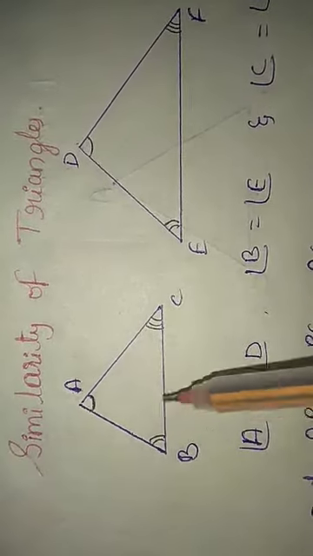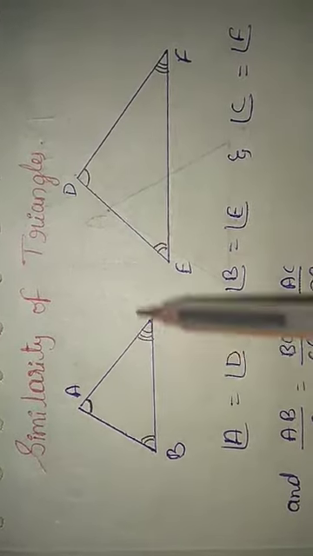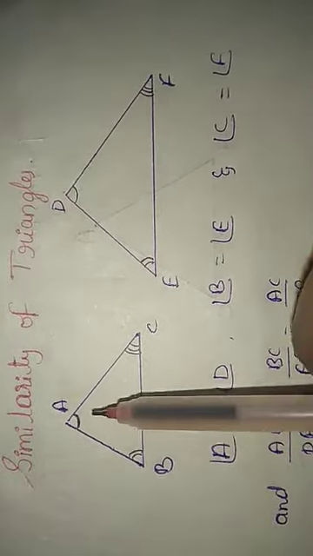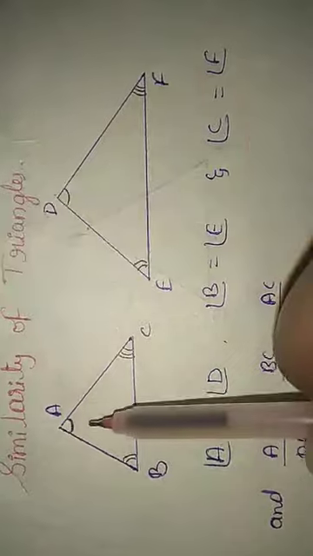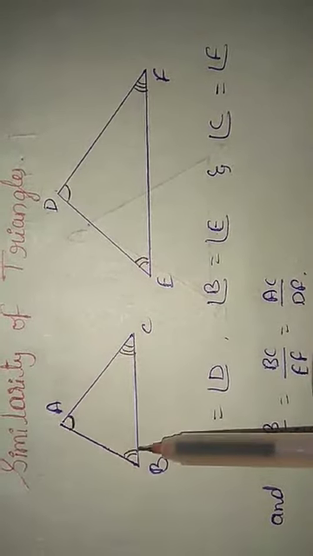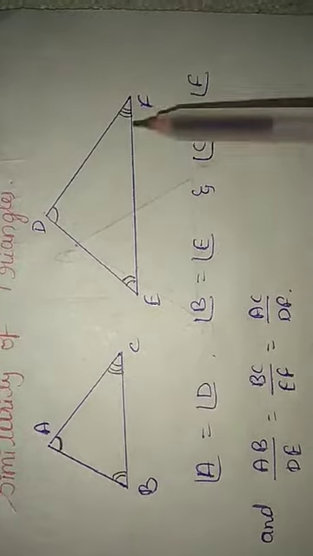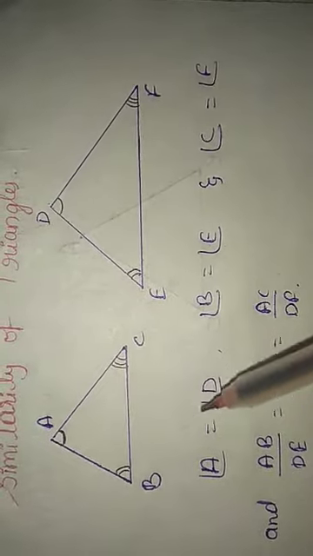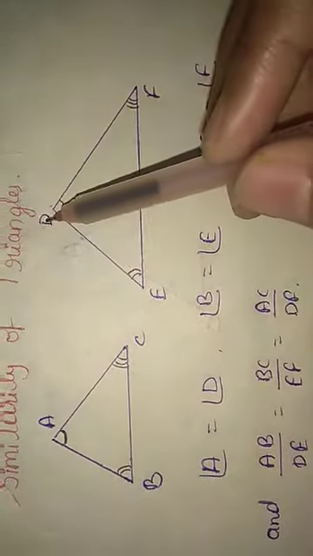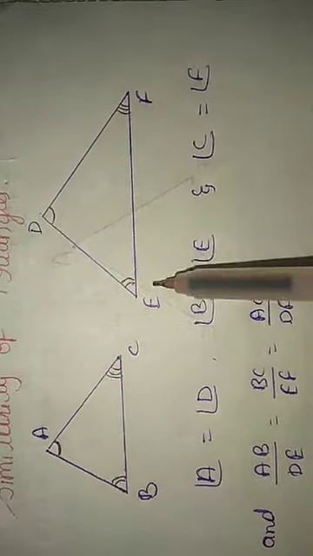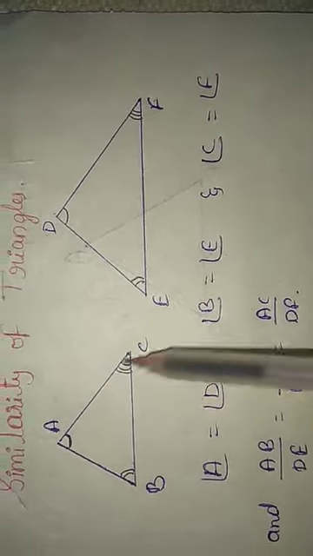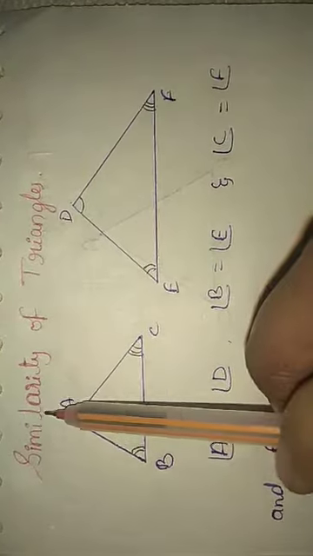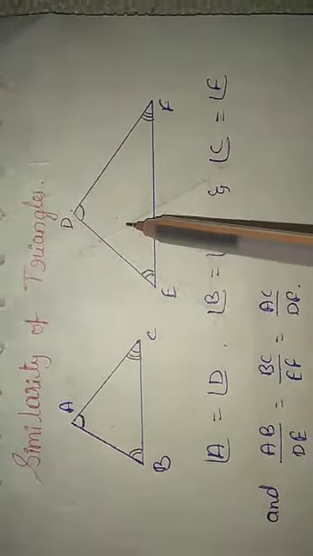Suppose angle A is equal to angle D, angle B is equal to angle E, and angle C is equal to angle F. This is the first condition. Second condition, corresponding sides are proportional, meaning AB divided by DE is equal to BC divided by EF is equal to CA divided by FD. If these two conditions are satisfied, then I can say these two triangles are similar.